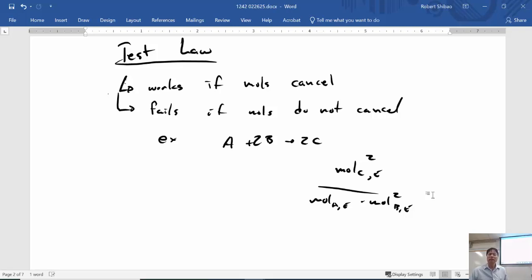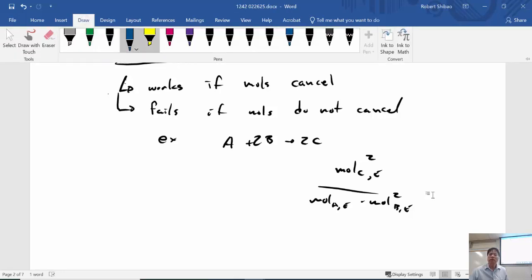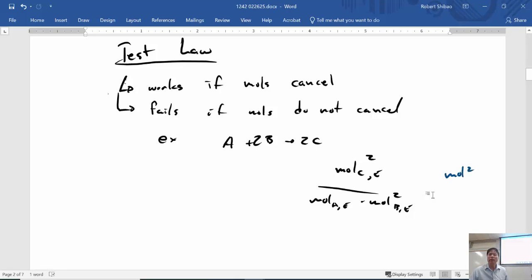And so when I look at the units, they come out moles squared on the top divided by moles cubed on the bottom, which is going to give me 1 over moles as my unit. What is an inverse mole? Well, when we have reactions like this, then the ratio fails. If the ratio fails, is the law still valid?